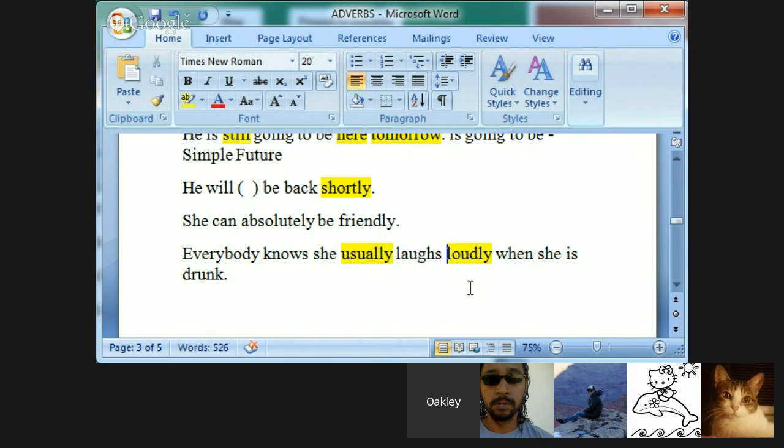Now, this is very interesting. What verb are they acting on? Laugh. Both of them, right? Notice his placement of one adverb in front of the verb and one after.